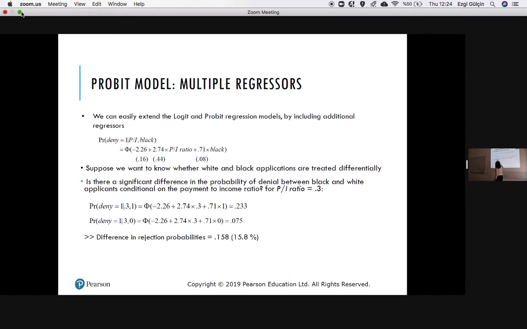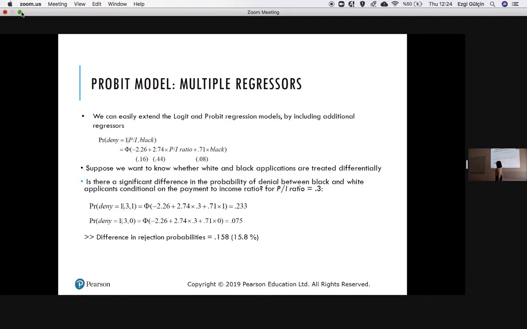So we estimated the model. These are the estimates that we had from Stata. We need to evaluate the area under the normal distribution at this value of z, and this imposes that we need to fix a value for the payment to income ratio, and we need to evaluate whether black is equal to 1 or 0.